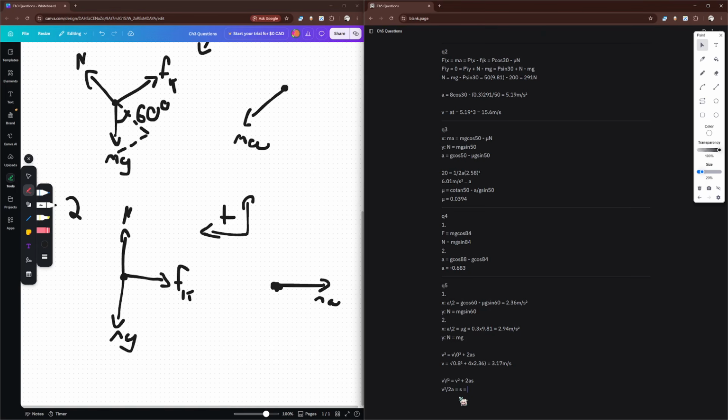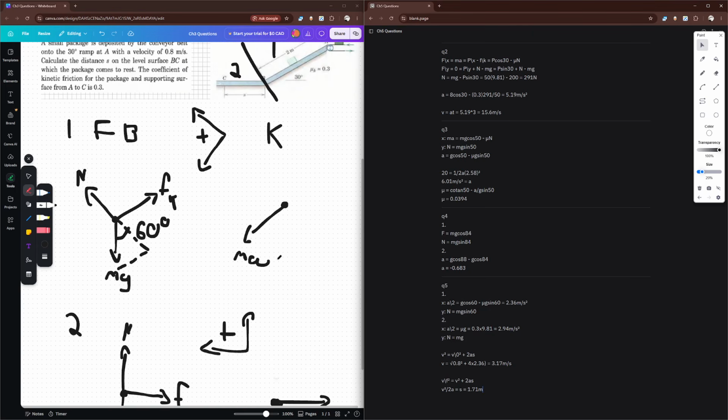So we have V squared, which we got, so 3.17 squared over 2 times 2.94, which gives us 1.71 meters as our final answer.